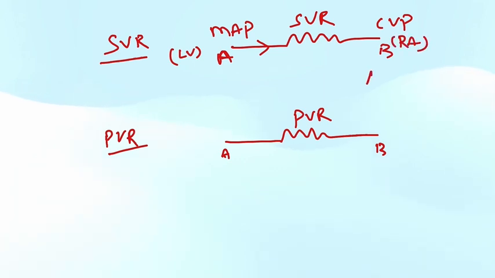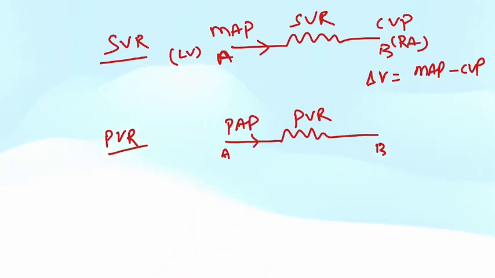So the potential difference here is mean arterial pressure minus CVP. For pulmonary vascular resistance, the driving pressure is PA pressure, which is higher and originates from the right ventricle, and the returning pressure is pulmonary arterial occlusion pressure, which is the pressure of the left atrium.